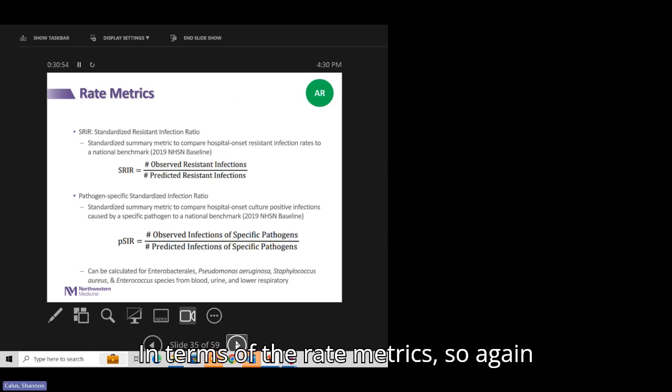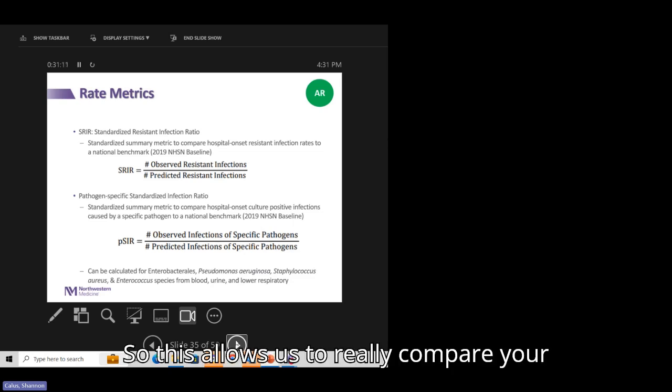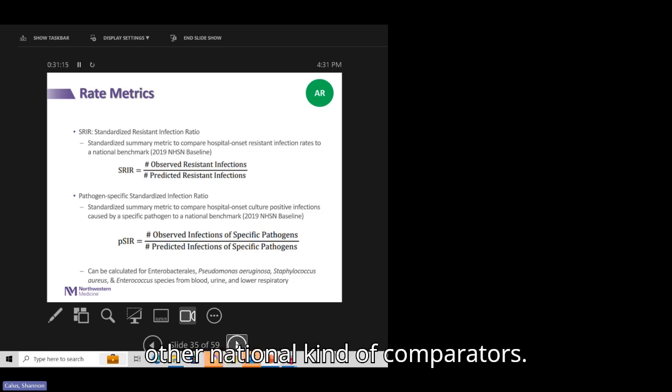In terms of the rate metric, so again, think of in AU, we used the SAR report. Here, we're using something somewhat similar. So this is going to be the standardized resistant infection ratio. So this is going to be compared to a risk-adjusted 2019 baseline. So this allows us to really compare your hospital-onset infection rates to other national comparators.